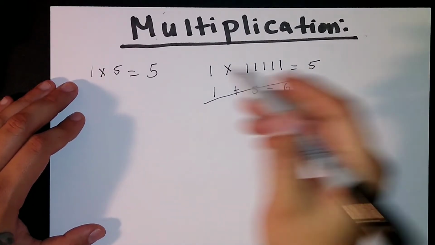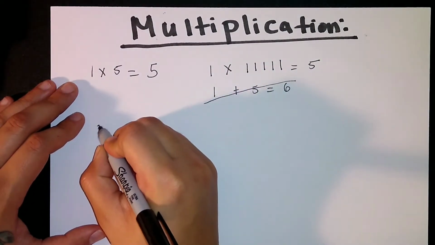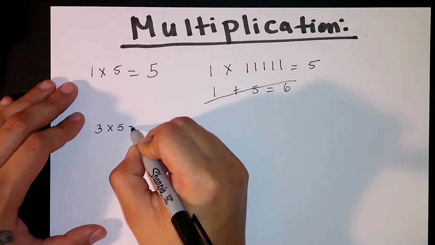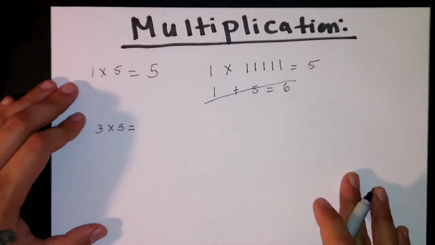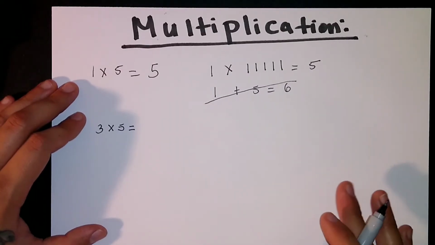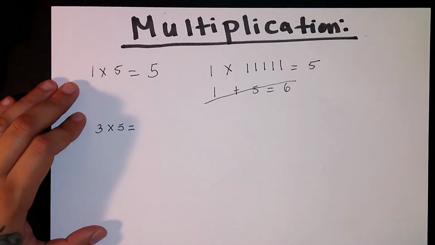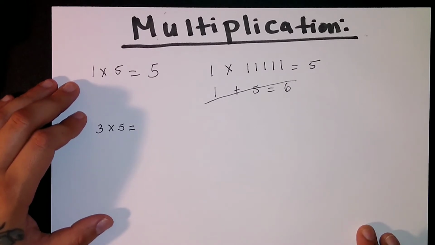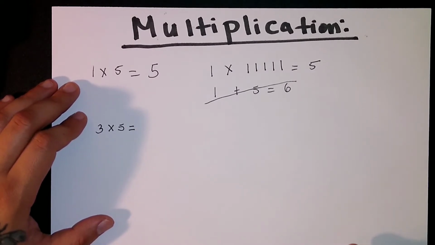Another example is, let's say, 3 times 5. Right? So let's do it the way you would show someone in first grade or in kindergarten on how to add. But in this situation, we're actually not adding, we're actually multiplying.